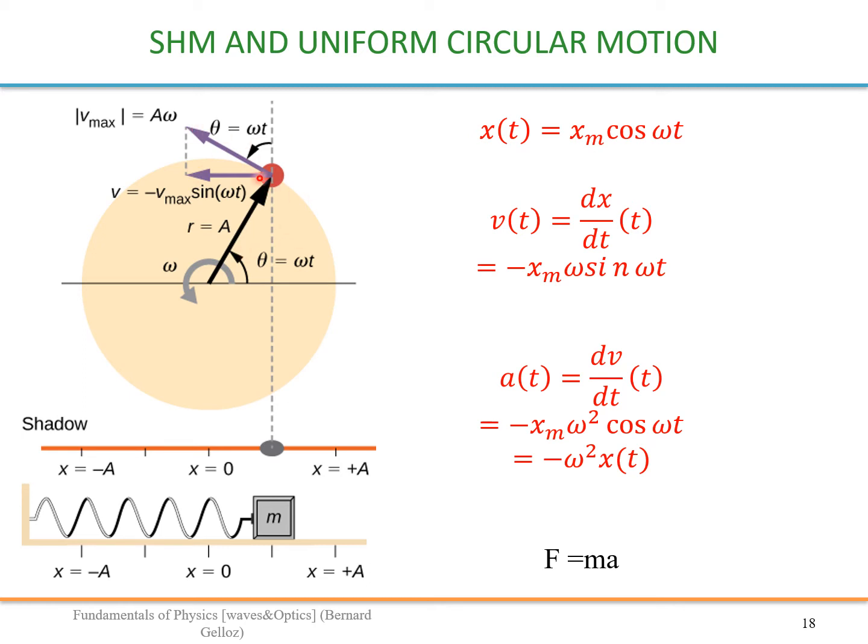You can check that this angle theta is also this one. For the acceleration, you take the derivative of the speed, and you find minus omega squared a cosine, which also corresponds to the horizontal acceleration.